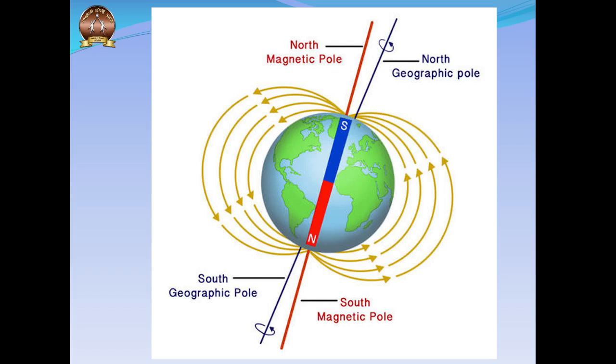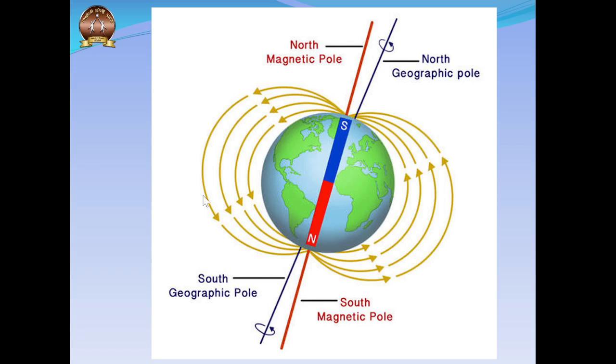Yes, strange enough, the north pole of the Earth's bar magnet is actually facing towards the geographical south pole, or Antarctica as we call it. And the south pole of the Earth's bar magnet is facing towards the geographical north pole, or the Arctic Circle. But do not get confused with this.